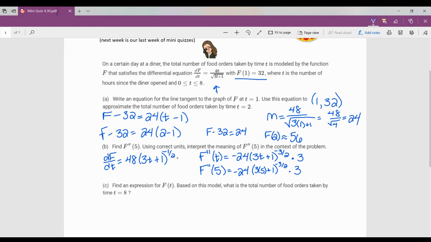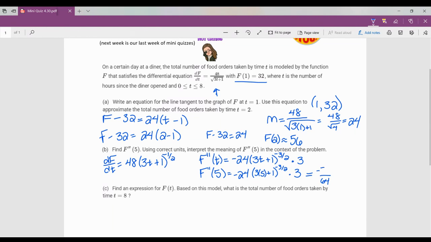Square root of 16 is 4. 4 to the third is 64, but it's a negative, so the 64 is going to be in the denominator. And then we've got negative 24 times 3, that's negative 72. See how much time I'm wasting doing this? So don't do this on the AP. And I can divide top and bottom by 8, so it would be negative 9 over 8.